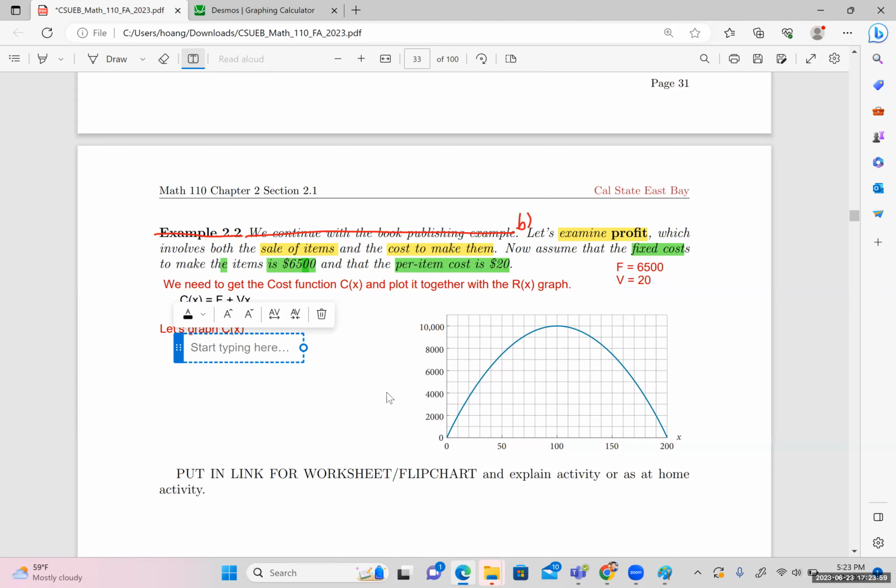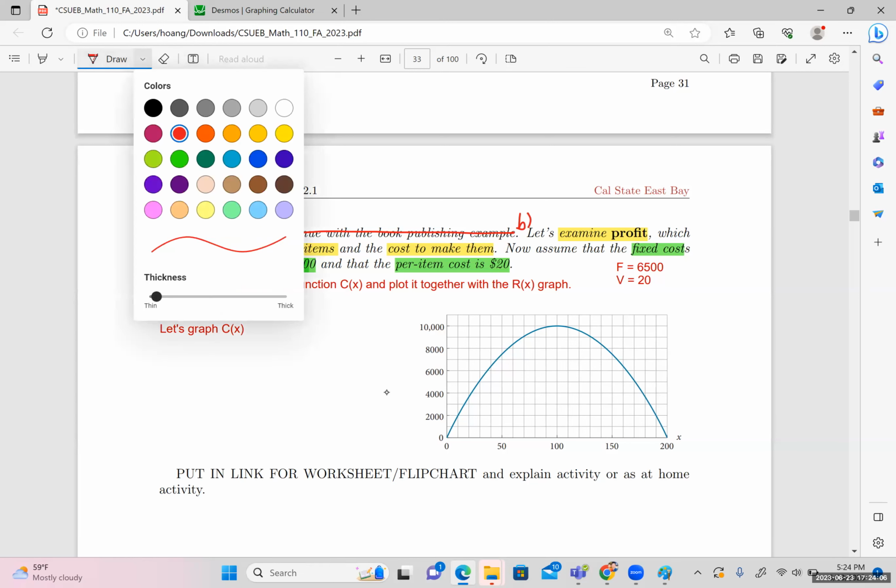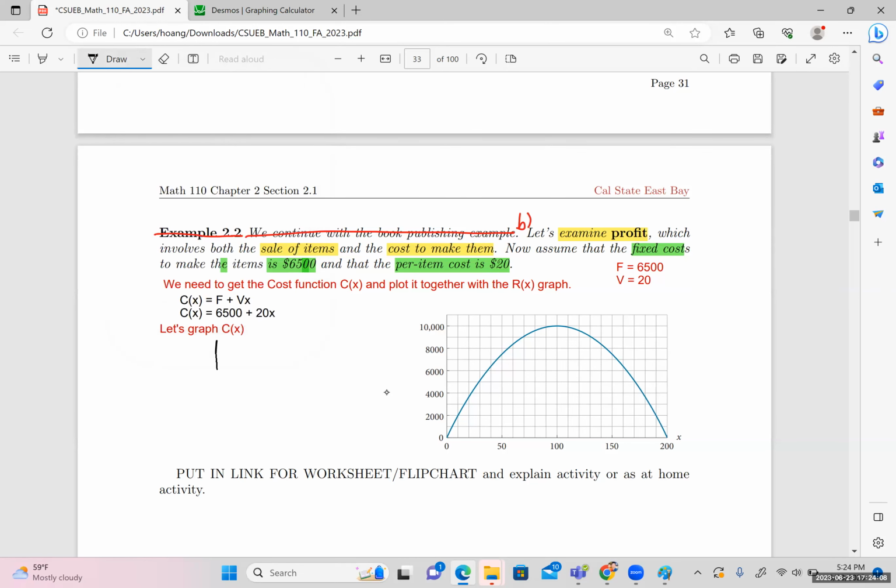We can just use a t-table to make it easier for us. Let's make a t-table. I'm going to choose 2 points, and usually I choose the starting point as 0. When you plug 0 into the function, you get a cost of 6,500, right?